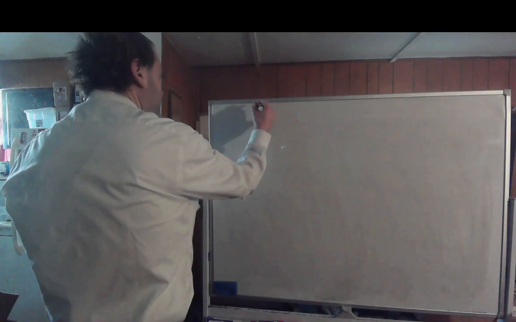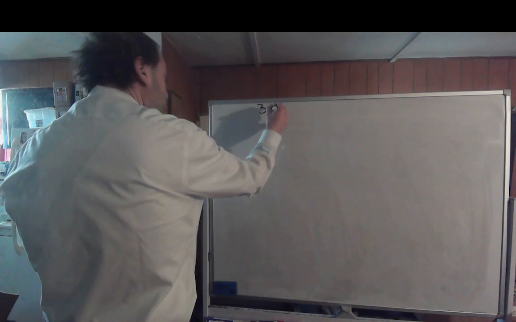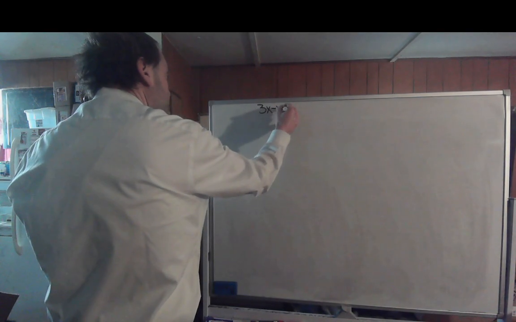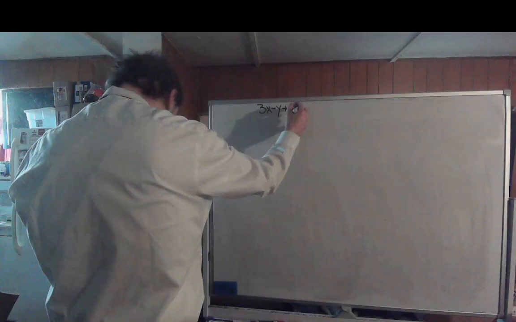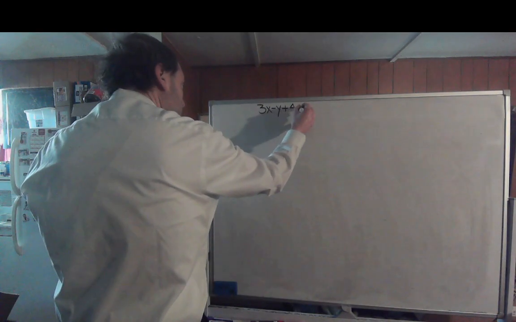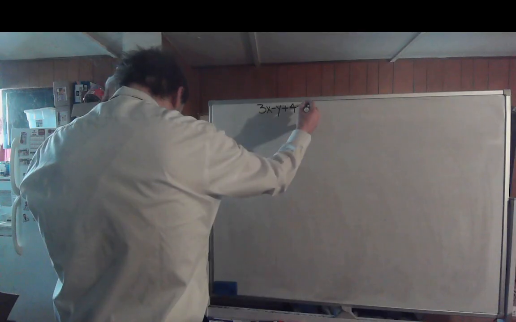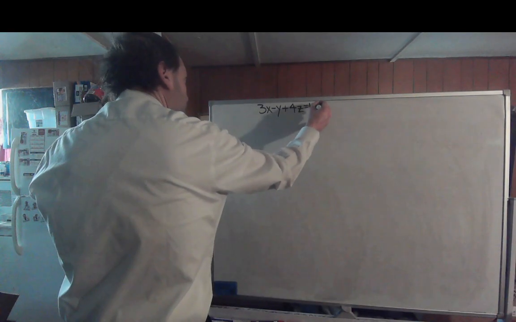Next system, we have 3x minus y plus 4z is going to equal 16.